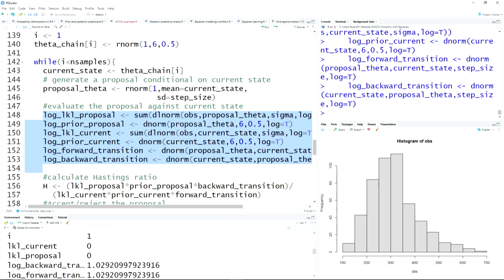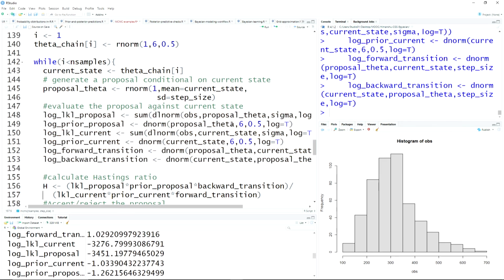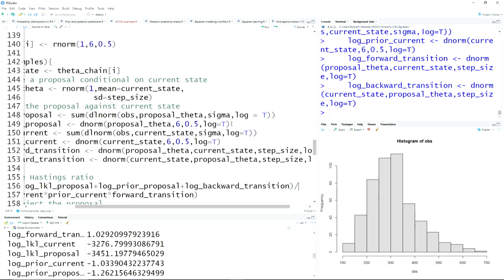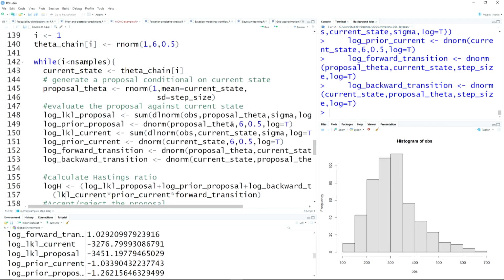So now I have gotten these things, right? Now rather than calculating h, I will calculate log h, which would be log likelihood proposal plus log prior proposal plus log backward density kernel, and then rather than divide it would be minus log likelihood current, log prior current, and log forward.